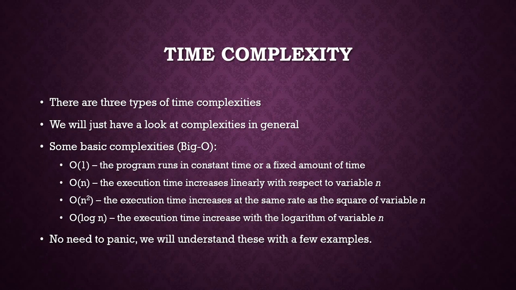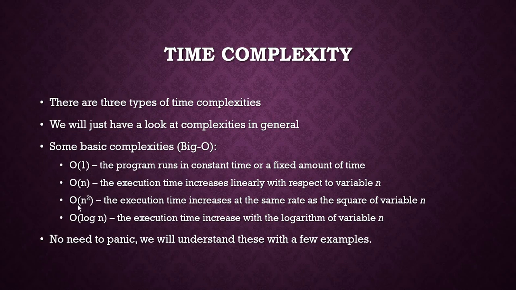For example, let's say I have told you to find one person out of n people. You have to search each and every person manually to understand whether this is the person I'm looking for or not. If the number of people increases, then more time is required to find that person. O(n) is something like that.